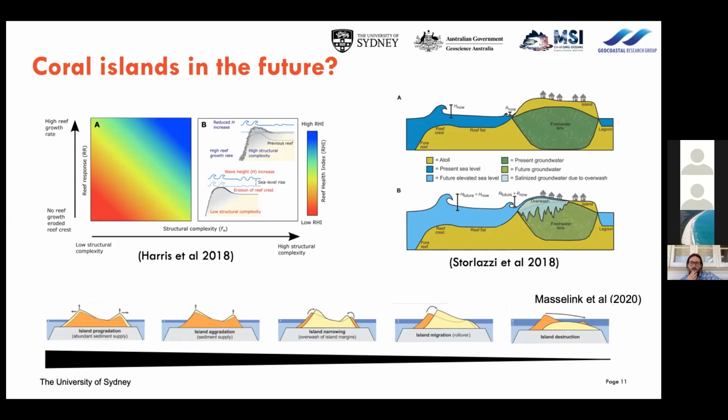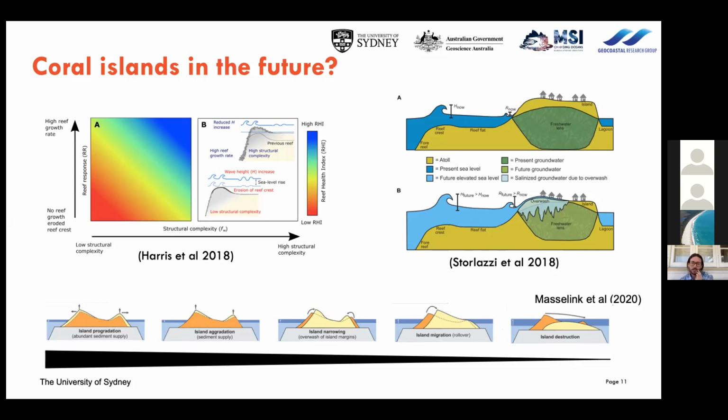But if the reef system suddenly becomes less productive, is that going to then mean that there's less sediment arising? Then we might get islands migrating and then even getting destroyed.